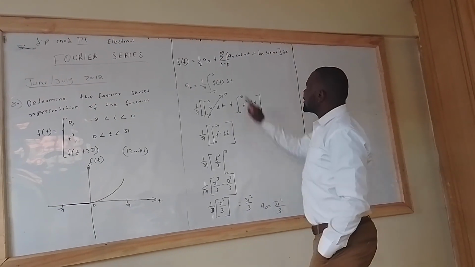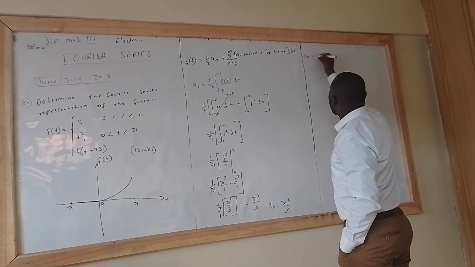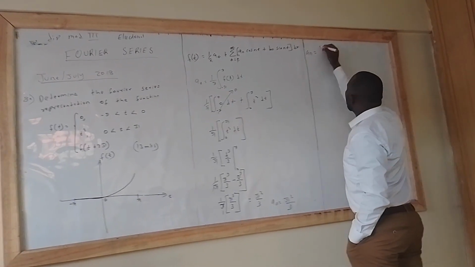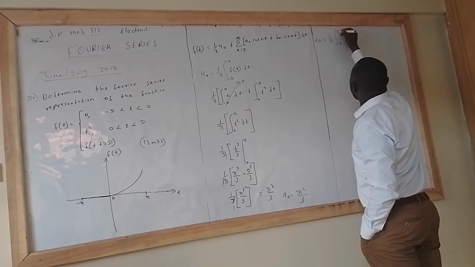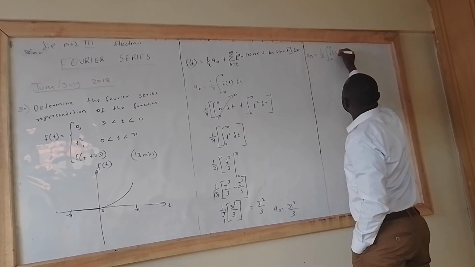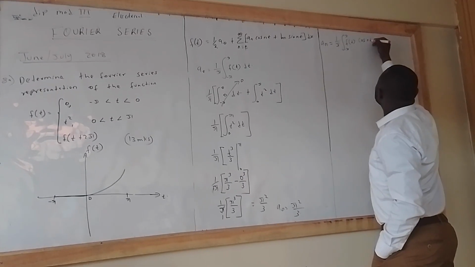So we want to discuss the second constant, that is an. And an is given by 1 over pi, the integral of negative pi to pi, the function of t cos nt dt.